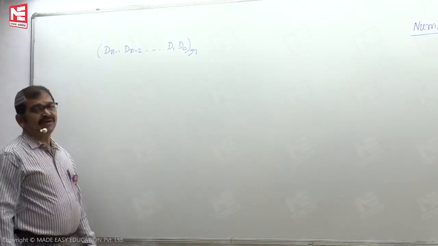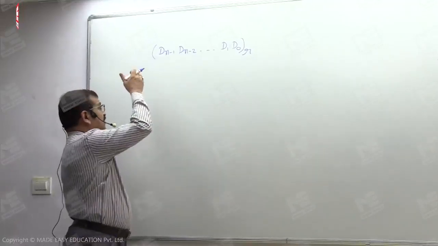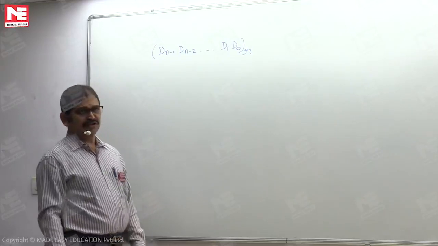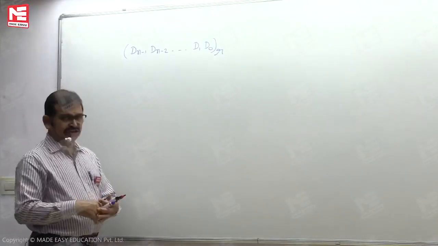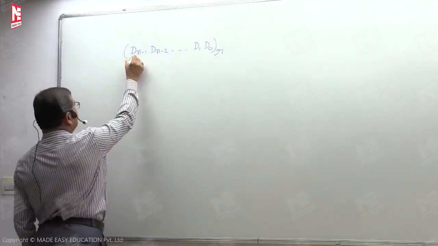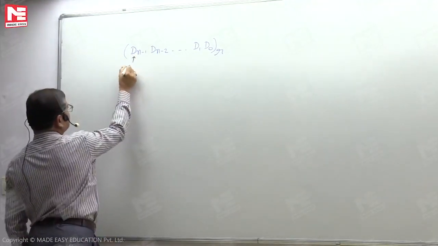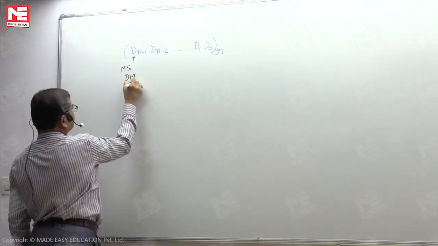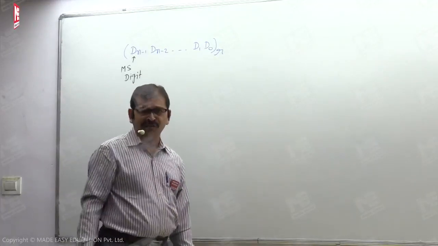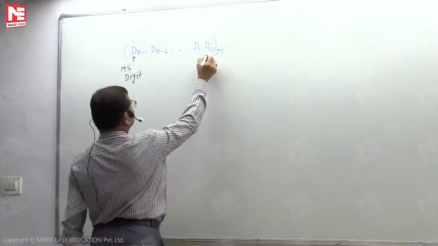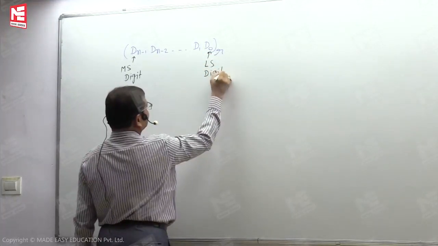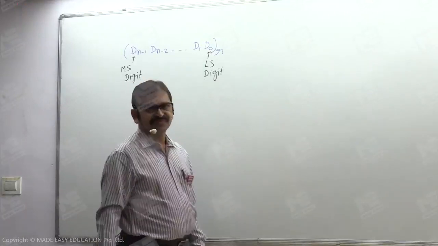When we are having a given number with so many digits, d_{n-1}, d_{n-2}, and so on, d0, the leftmost digit must be named as most significant digit. We are giving here more generic names. The rightmost digit must be named as least significant digit.